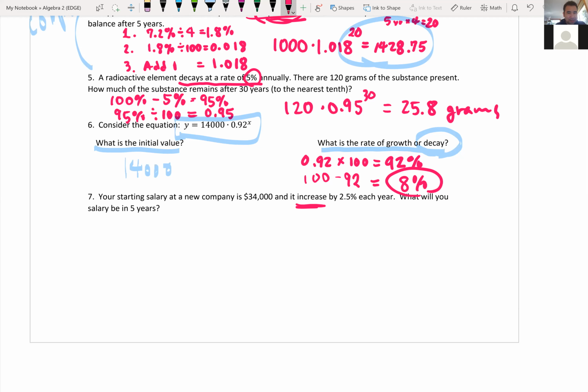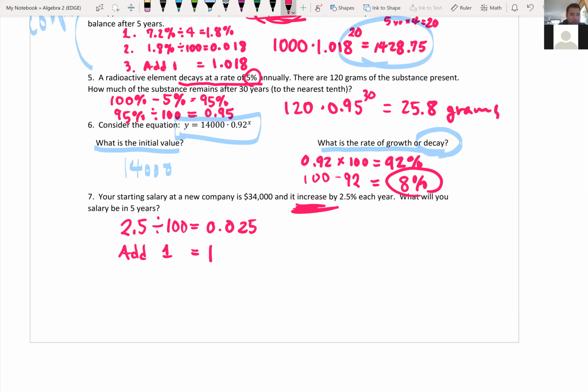All right. So it is definitely increasing. So what do we need to do? 2.5 divided by 100 is 0.025. And then because it's growing, we need to add 1.